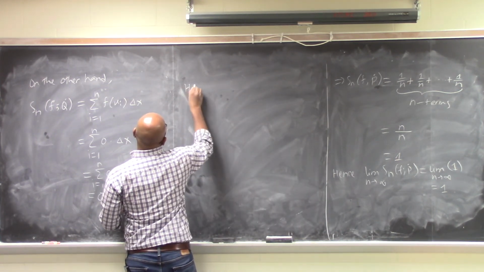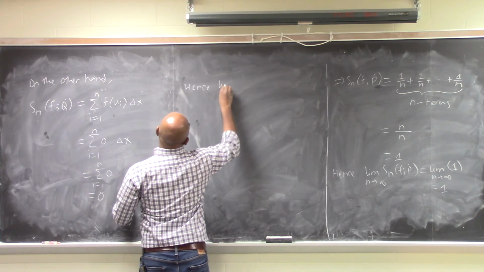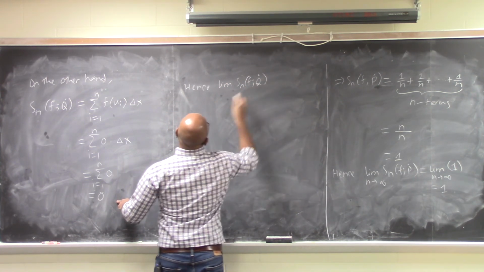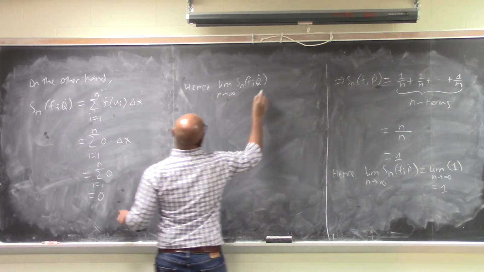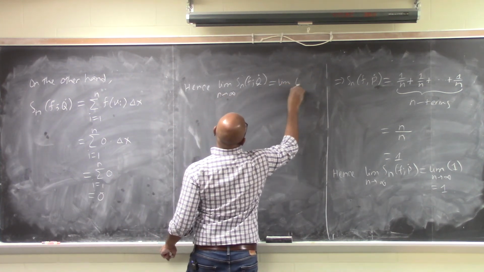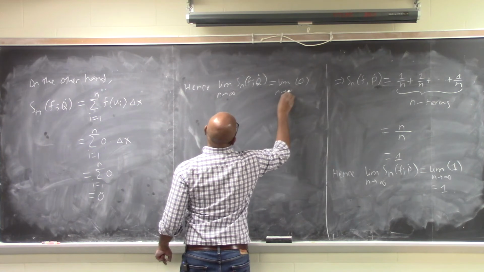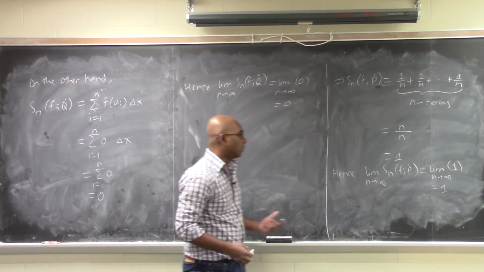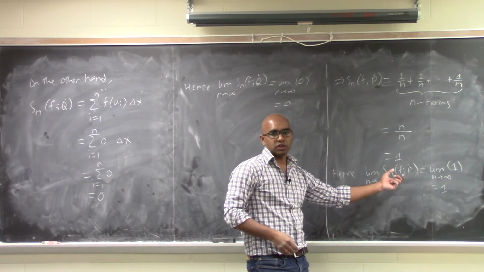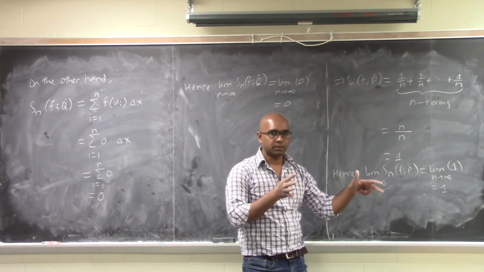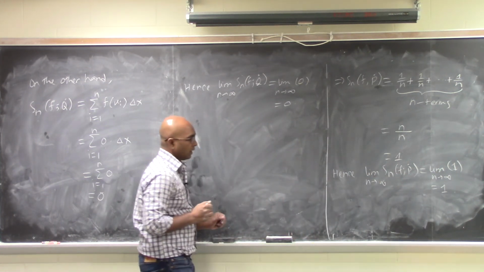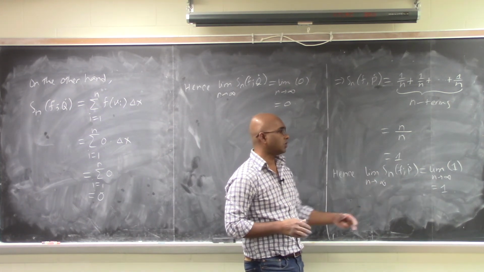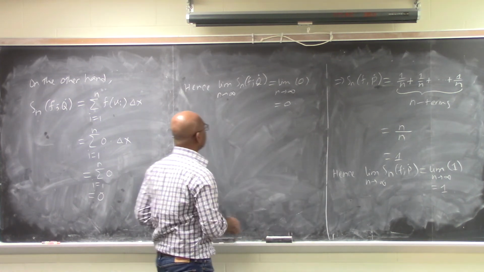Hence the limit of this Riemann sum as n approaches infinity is the limit of 0, and 0 is a constant, so this is 0. Now you have two different tagged partitions, with two different Riemann sums, which give you different limits.